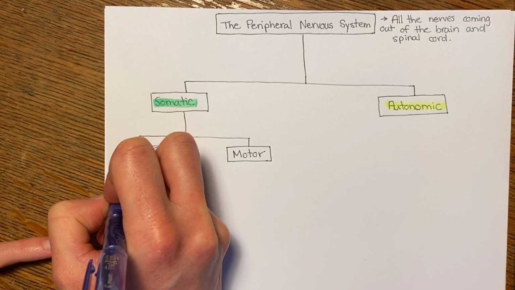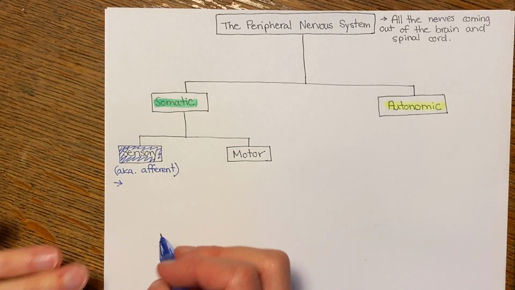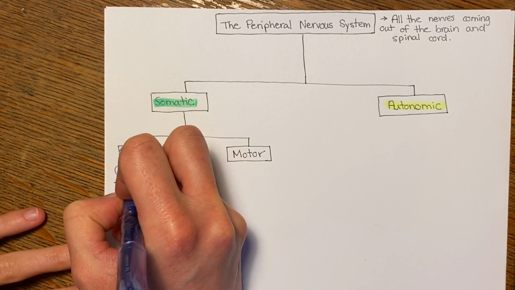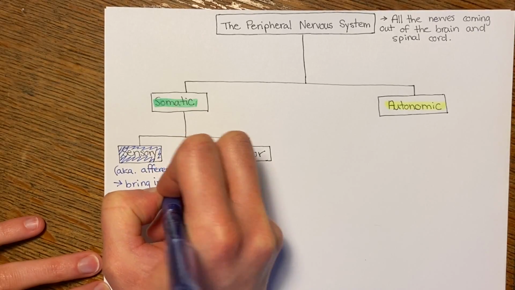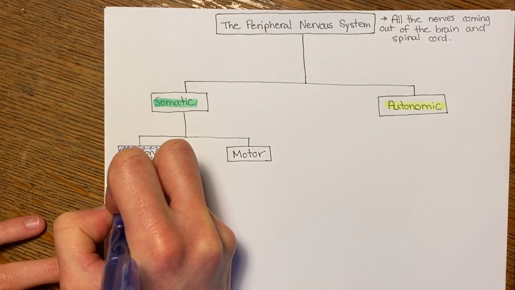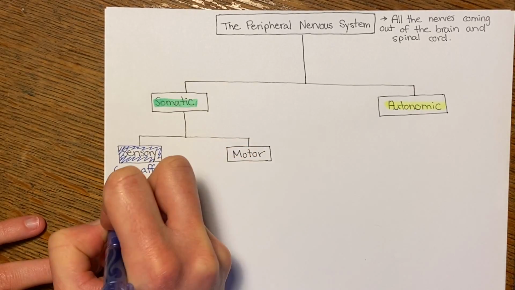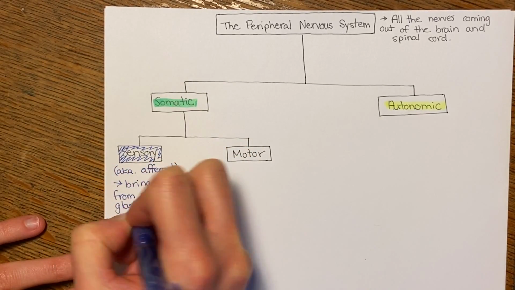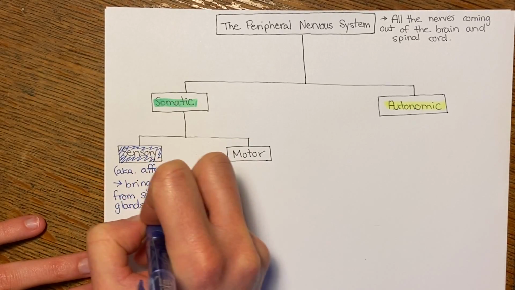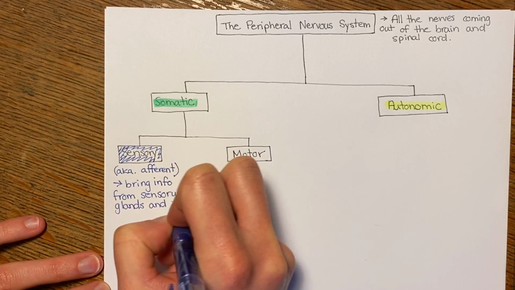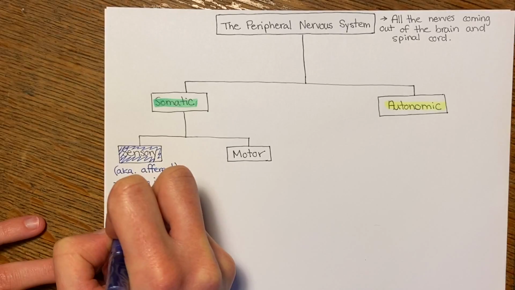Okay, and they bring signals from the sensory organs and glands to the brain. Okay, so they bring info from sensory glands and organs. So it's things like your skin and your eyes, to the brain.